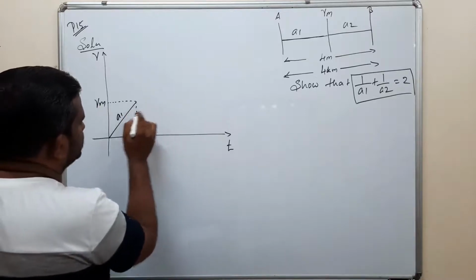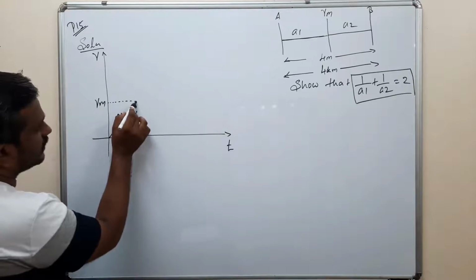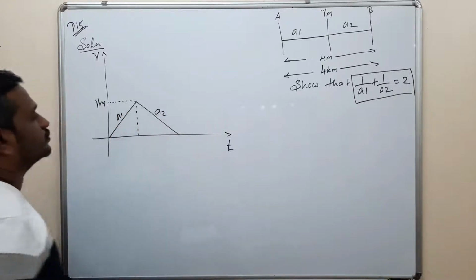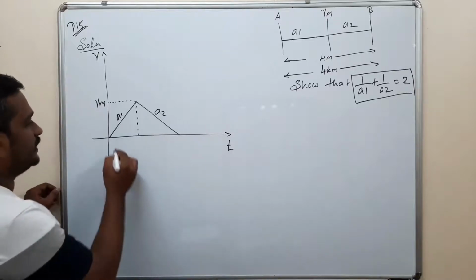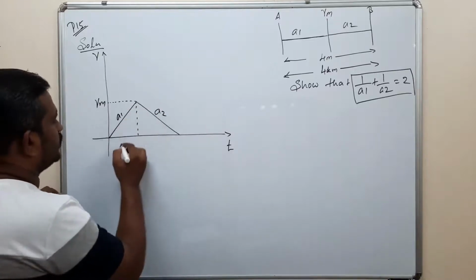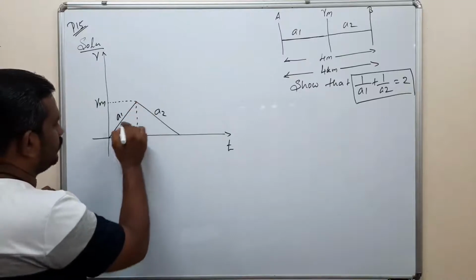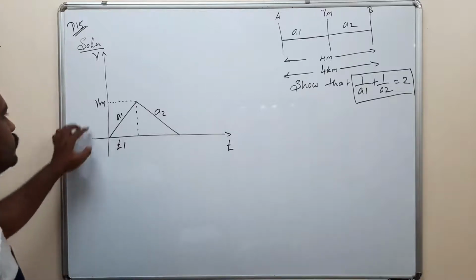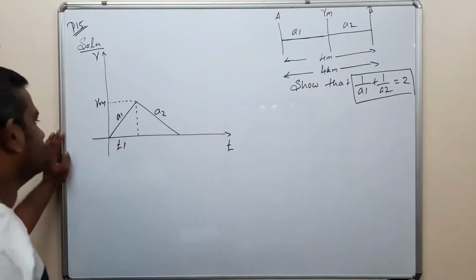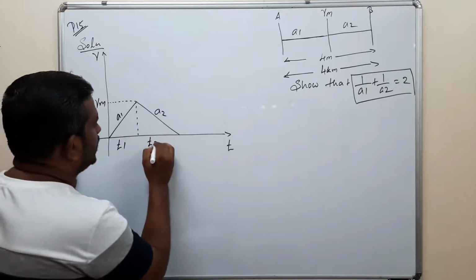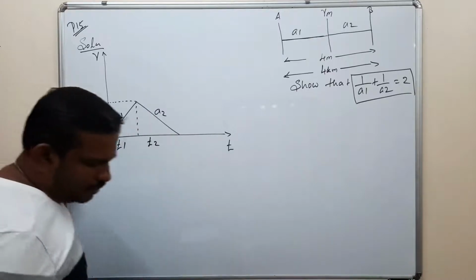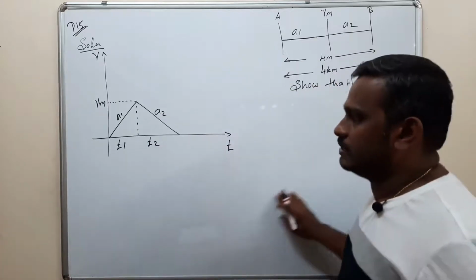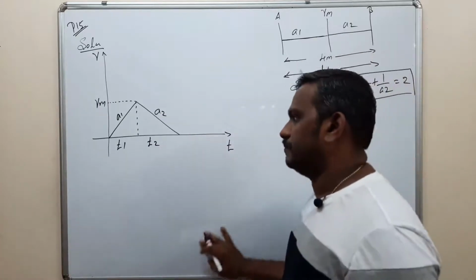From that point onwards it starts to decelerate with a constant deceleration a2, and finally it comes to rest. T1 is the time taken by the train to reach the maximum velocity Vm, and T2 is the time taken by the train from the maximum velocity to come to rest.